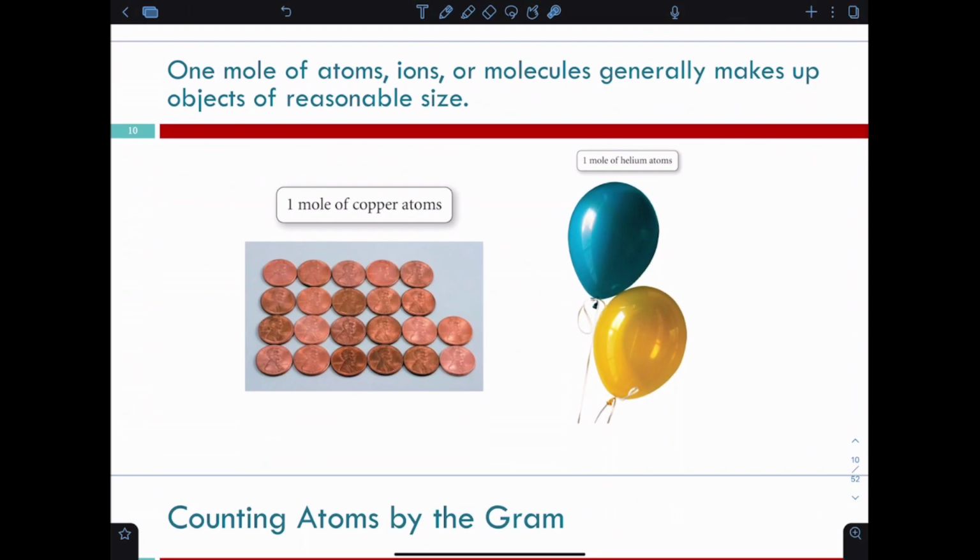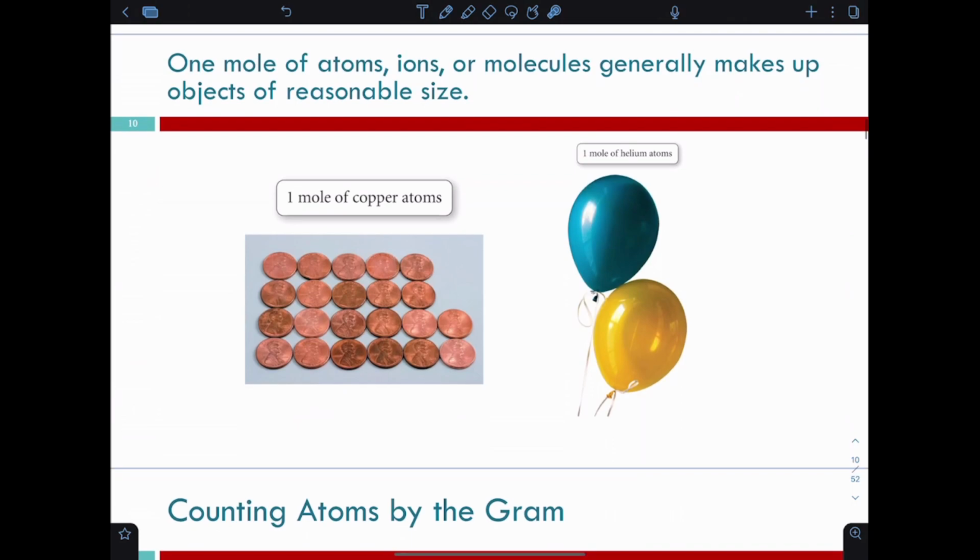So 1 mole is convenient because 1 mole of atoms, ions, or molecules makes up objects of reasonable size. So 6.022 times 10 to the 23 copper atoms, 1 mole of copper atoms, is about 22 pennies.